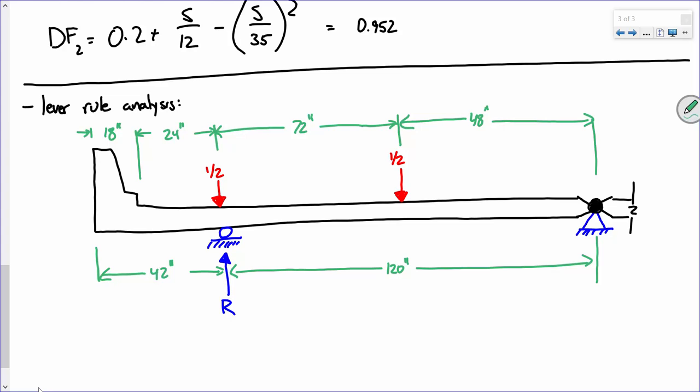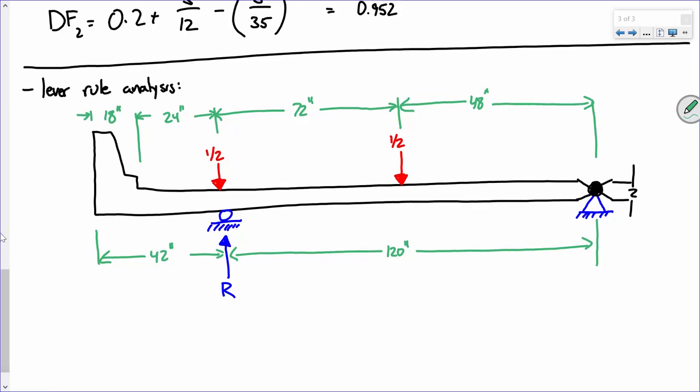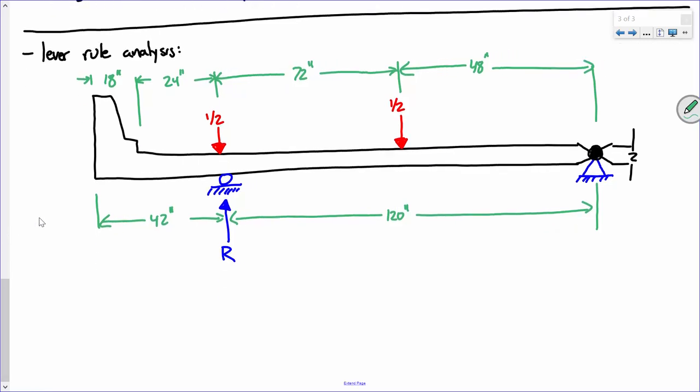Make sense? Okay. So what I'm going to do is sum moments at this hinge to determine that reaction. Well, yeah. You can do that. I'm just being generic. All right, so far so good? All right.